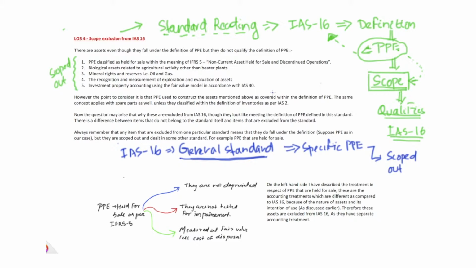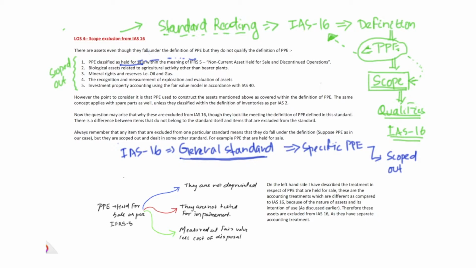Now let's understand the scope exclusion part. The first is property, plant and equipment classified as held for sale. Any property, plant and equipment that is held for sale is treated under IFRS 5 rather than under IAS 16.